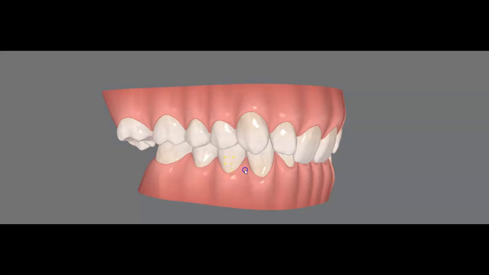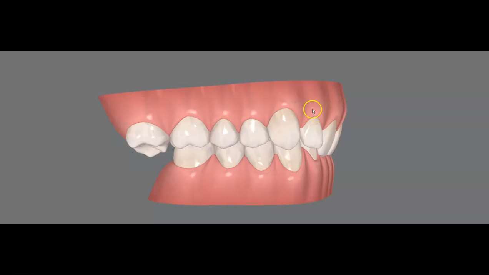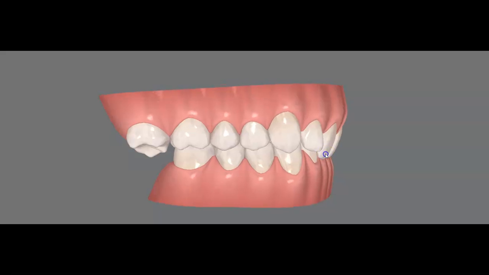Now we're jumping into a class 2 occlusion. Here we could see that the upper jaw is forward, but the front teeth are pushed back. So in a class 2, if the front teeth are pushed back, that's called class 1, and if the teeth are pushed forward, it's called class 2.